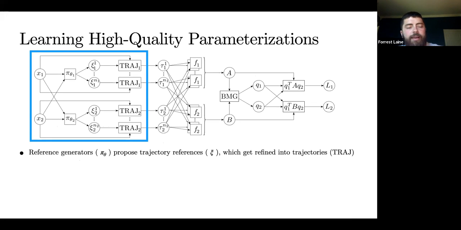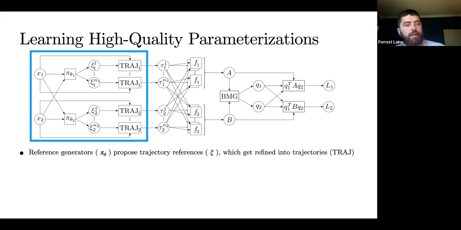So okay, let's zoom back out and think about what the whole pipeline is going to look like. Again, the idea is that we have this small set of references. If you think back to the tag game, it's the star locations, the goal locations. We have a small number of these that some learned generator is going to propose.